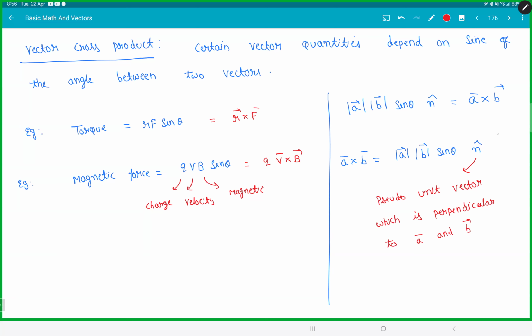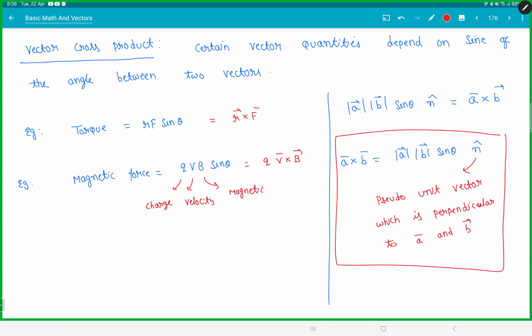You can note this down. And let's see how do we calculate that n cap? How do we calculate cross product, and what is the physical significance of this? Questions are straightforward. Unlike dot product, the varieties are little less in vector cross product. And this is the last part of our chapter.